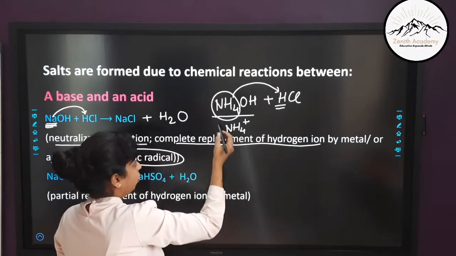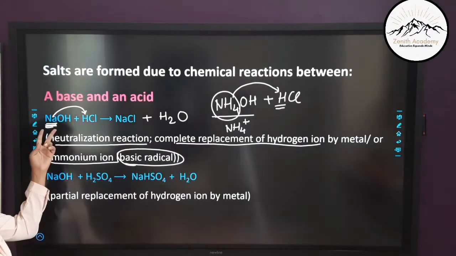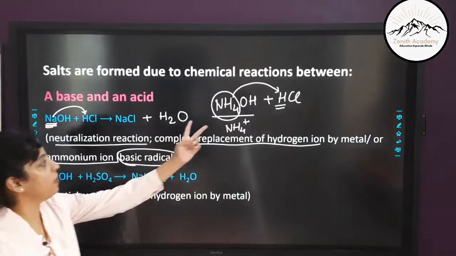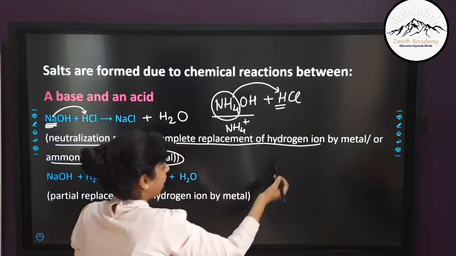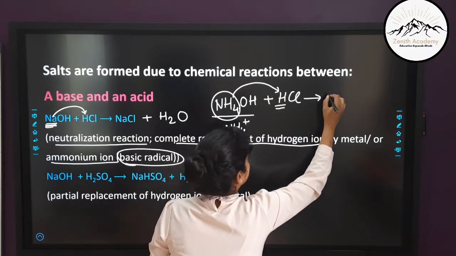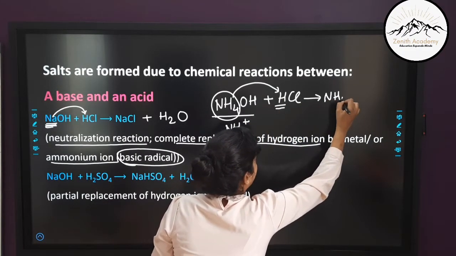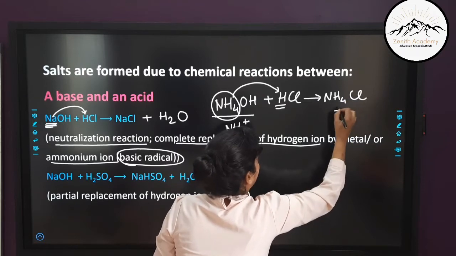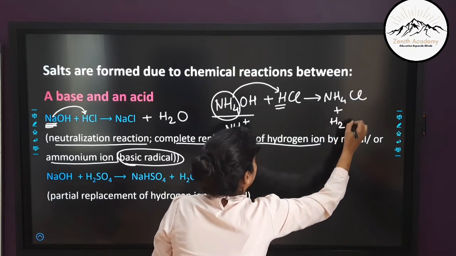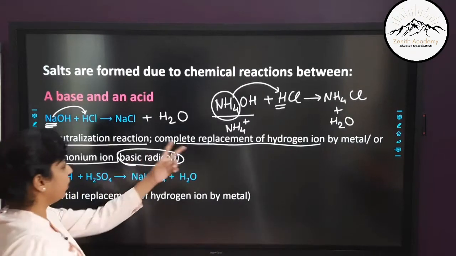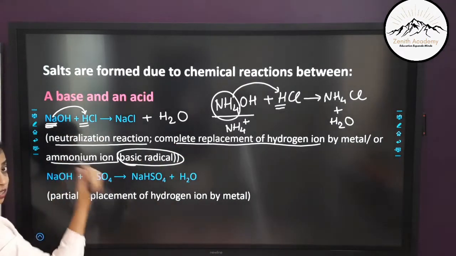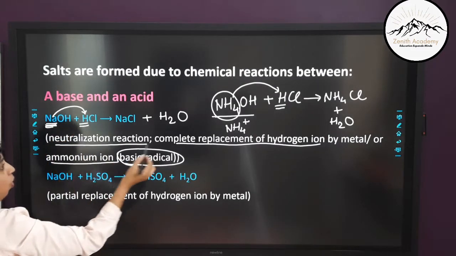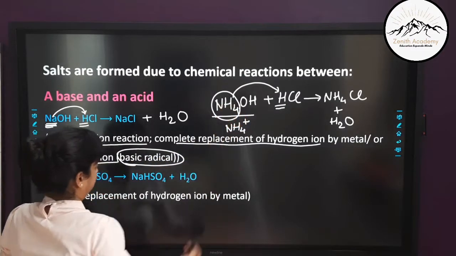So instead of a metallic ion, there is a basic radical which also does the same thing. It replaces the hydrogen and forms NH4Cl and water. So this is complete replacement of hydrogen. Whatever number of hydrogens were there are replaced by either a metal or a basic radical.